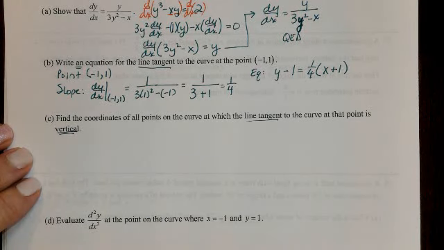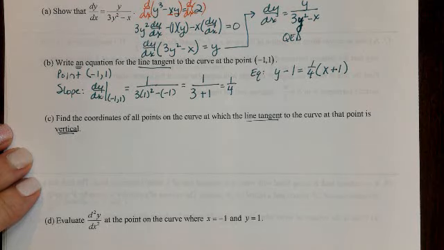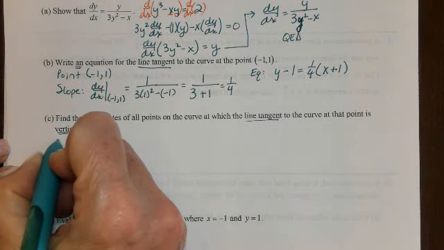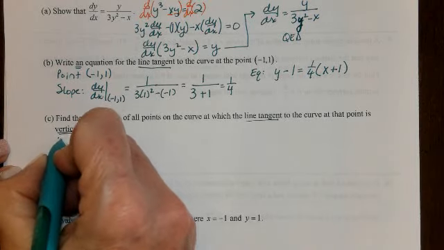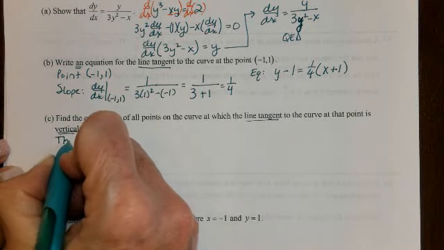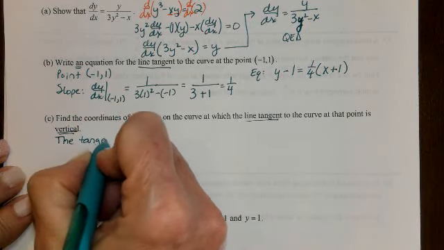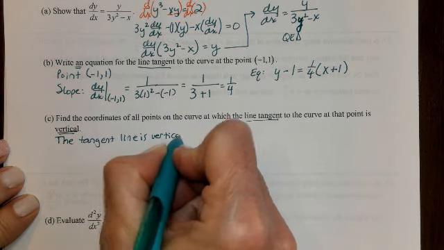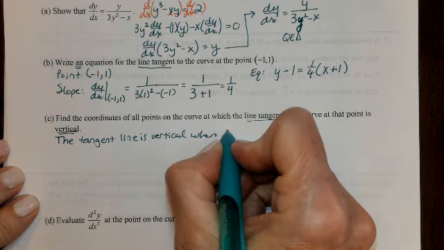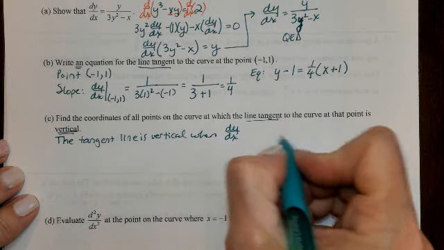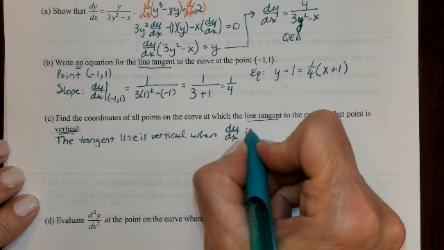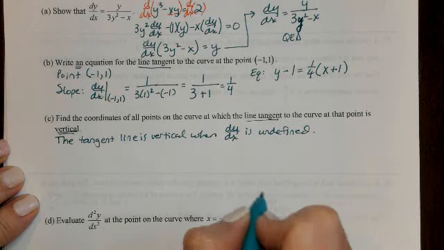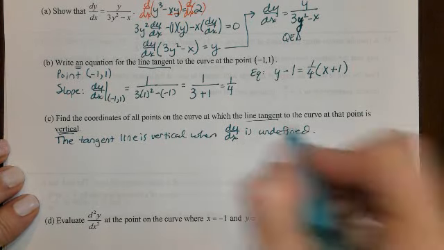You never know what's going to be worth a point on the AP exam, so you write it down. The tangent line is vertical when the slope, dy dx, is undefined. Say that. It may be worth a point, maybe not, but maybe it is.